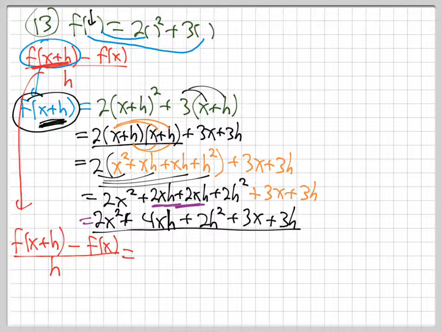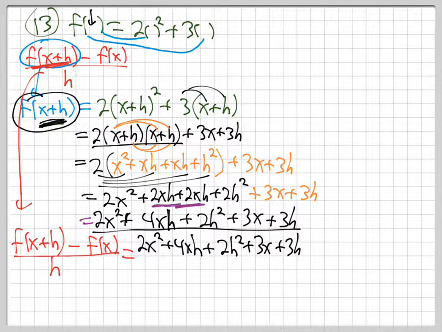So what do we get when we do all that? Well, we already know we get all this stuff, so let me write that. This is what pops out: 2x squared plus 4xh plus 2h squared plus 3x plus 3h. Sorry, I'm getting a little squiggly here. Got to be neat with this because it's a lot. That's all that pops out. And so that's the first group minus the second group.